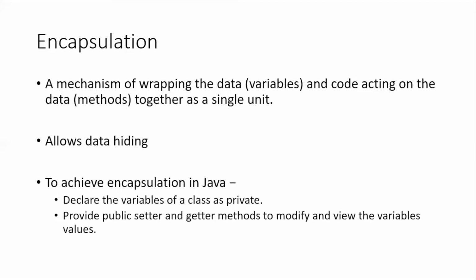Private is an access modifier, and once we declare these data members as private, they will not be accessible to the outside world. So we are going to provide certain methods which are termed setter and getter methods to perform operations on this particular data. Obviously, whenever we start implementing classes, we are going to discuss this particular point through a practical example.